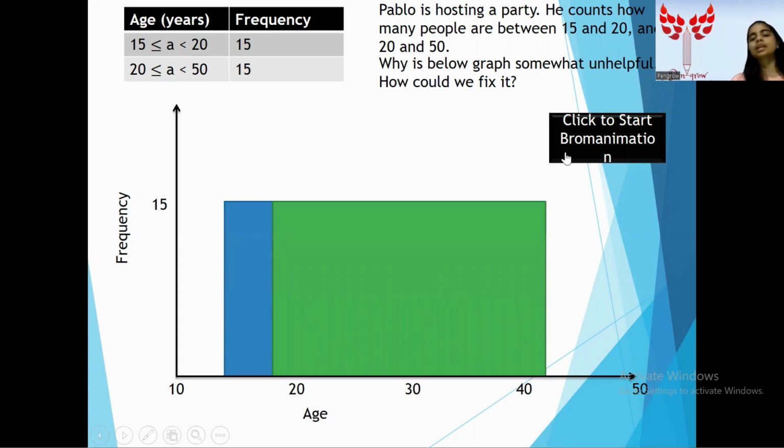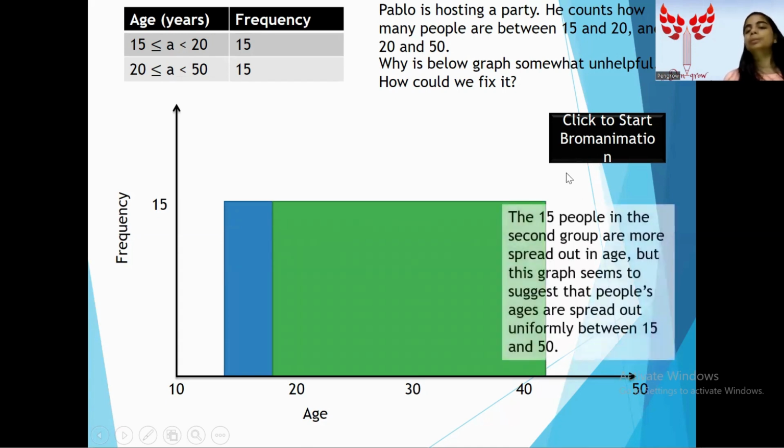The graph tells us that between 15 and 20, there are 15 people, right? And the graph tells us that between 20 and 50, in frequency, there are also 15 people, right? But these 15 people in the second group are more spread out in age.